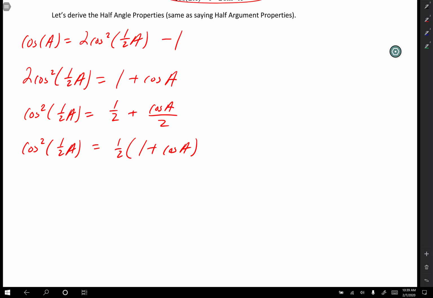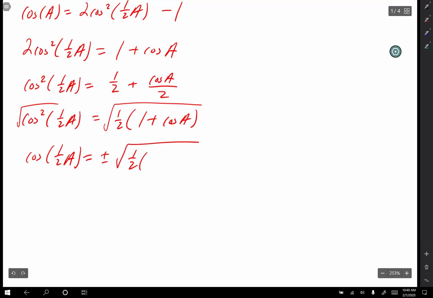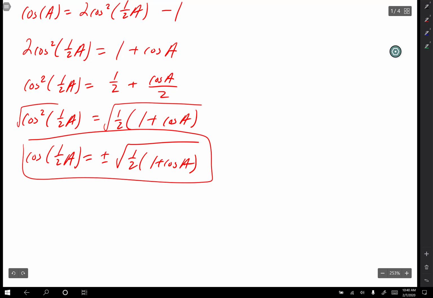Not all minds think the same. Then you take the square root to get rid of the square. And then we have cosine half A equals plus or minus the square root of 1/2 (1 plus cosine A). This is something you would probably see on the internet if you were to Google this equation. So I will put that in a nice box like that.